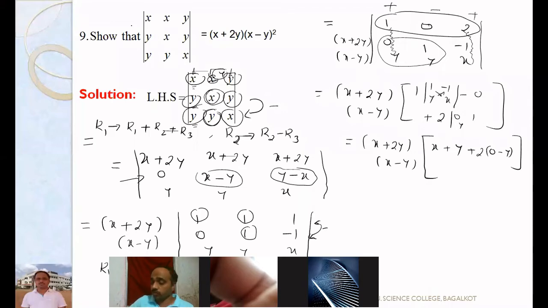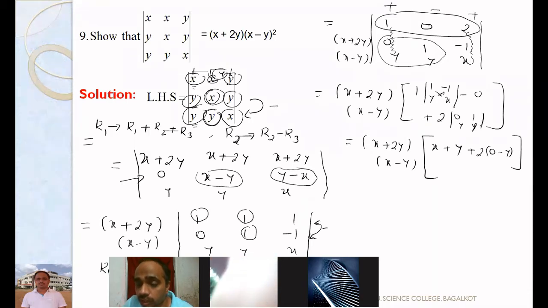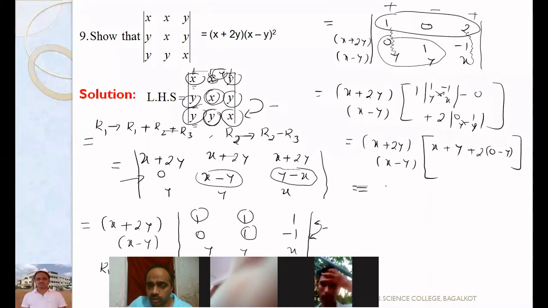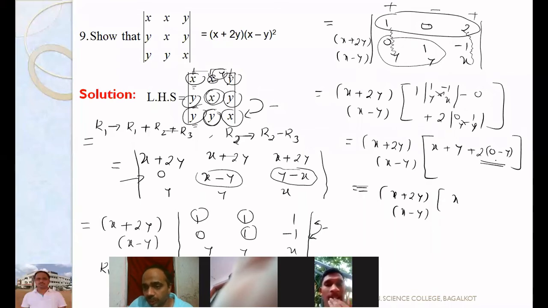Yes, what I get here. So 2 into bracket 0, 1, y. I get 0, 1, y. Then 2 into, this is 0 minus y. 0 minus y is minus y. So finally what do I get? I get x plus 2y into x minus y into bracket x plus, so what is 2 into minus y here? 2 into minus y is minus 2y.